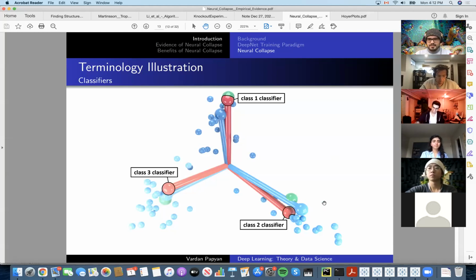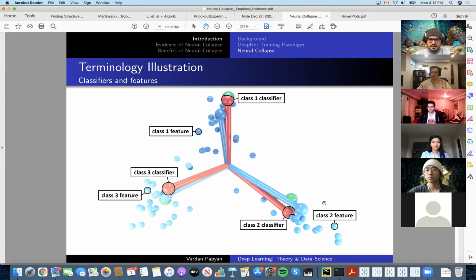In this illustration, we have these red spheres, which are the different class classifiers. Each shade of color corresponds to a different class. We have 3 classes in this case. Each small blue sphere is a feature in the last layer, and you can see here the different features.